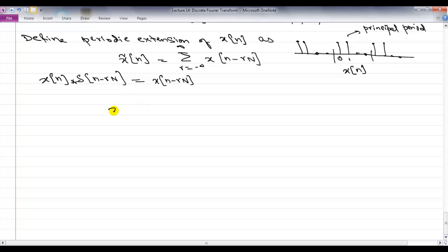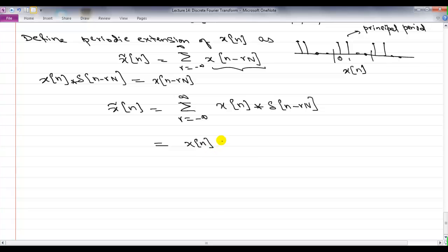Okay, so x tilde of n can be written as the sum over r from minus infinity to infinity of x of n minus Rn, which can simply be written as x of n convolved with delta of n minus Rn, which I can write as x of n convolved with the sum over r from minus infinity to infinity of delta of n minus Rn, because convolution is a linear operator. Okay. Now let's define that as p tilde of n.